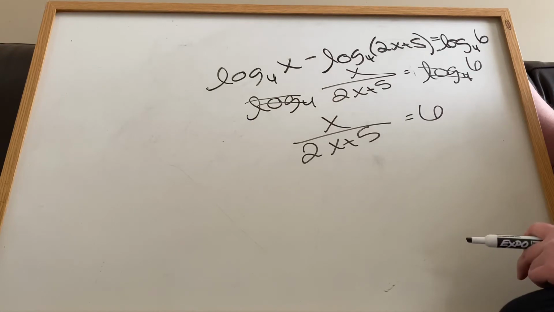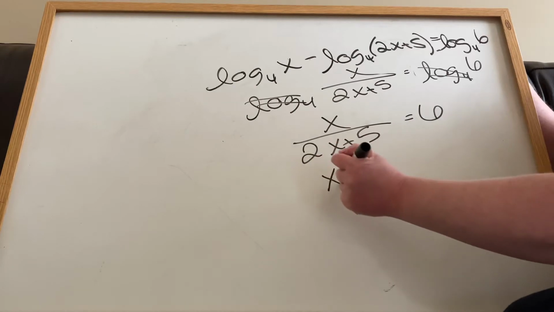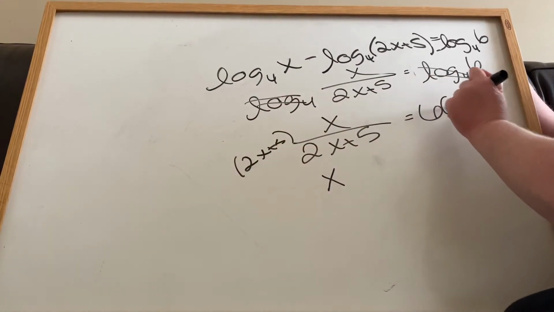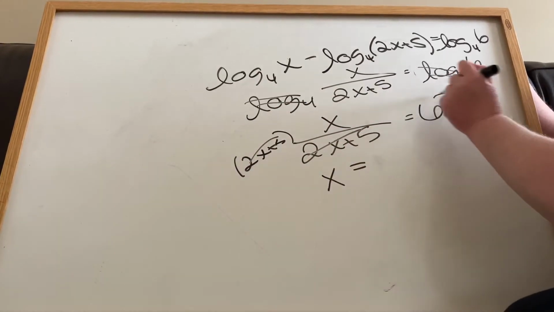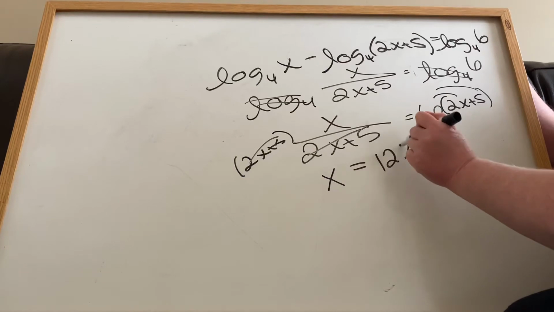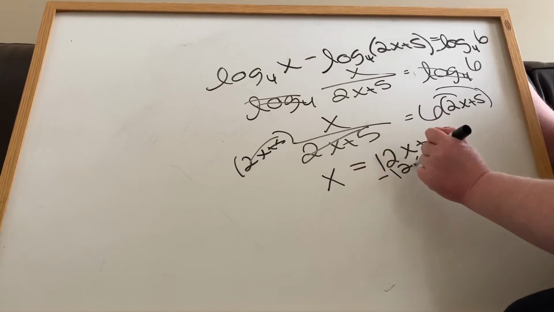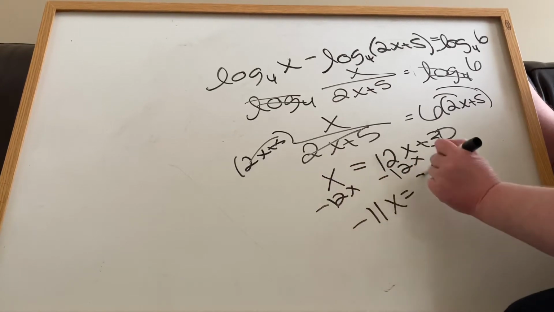So same thing as with type 2. When it looks like this, you got to multiply the bottom part over. Here it'll cross out. Here you distribute and you end up with 12x plus 30. Fine. Subtract 12x. So then negative 11x is 30.